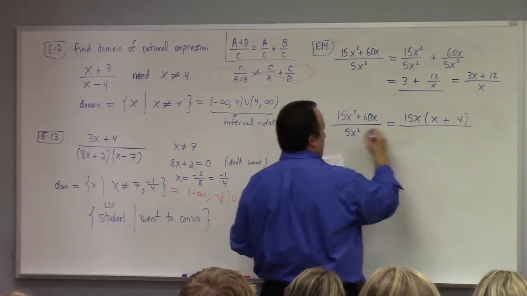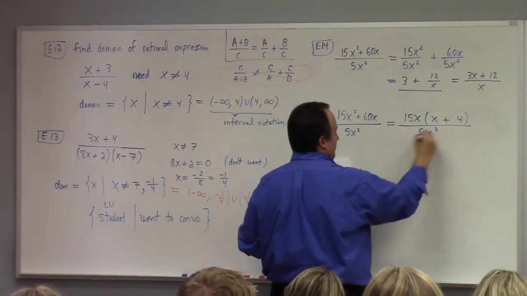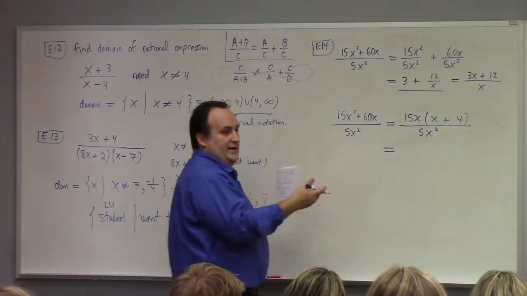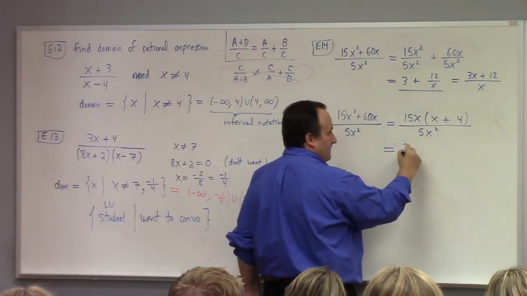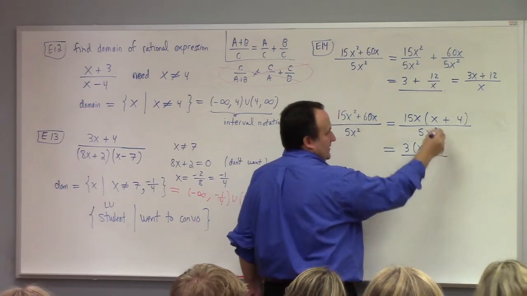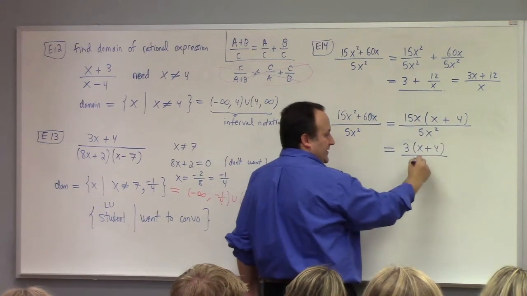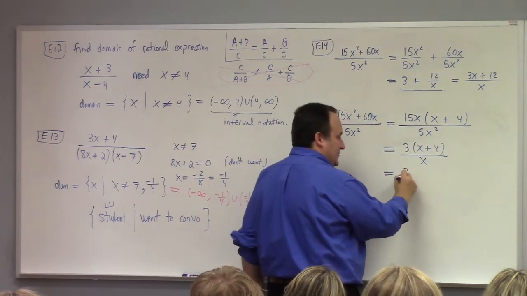And then down here I've got 5x squared, and then I can simplify that. 15 over 5 is 3, and I can cancel the x squared with the x up here. That leaves me an x. And then if I multiply this through, that gets me to the book's answer.